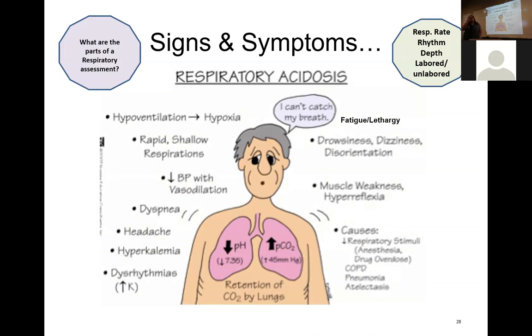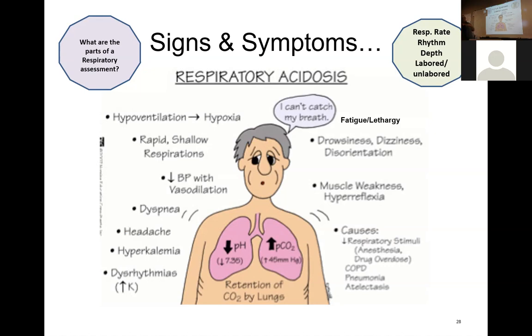We want to look at the respiratory rate. That's the number of breaths they take in a minute. When you go in and you assess your patient, I like to put my hand on their chest while I'm talking to them, and I can either watch the clock on my arm or look at the clock on the wall and get an idea of how deep they're breathing and how often in a minute they're breathing.